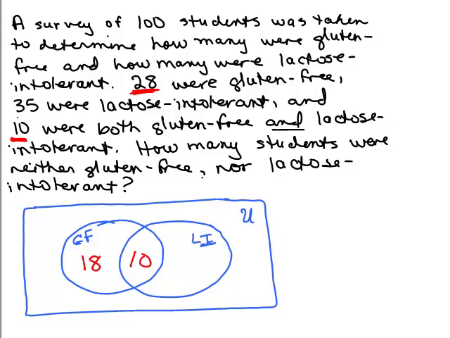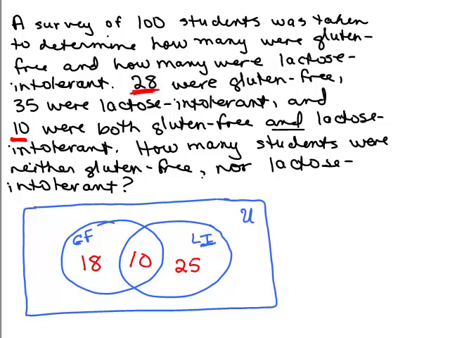Can I do anything with this 35 or lactose intolerant? Remember, this is the circle with two regions for the people that are lactose intolerant. And so these two regions together, the numbers have to add up to 35. I've got 10 in here, so what goes over here? These together have to add up to 35. So there must be 25 over here.